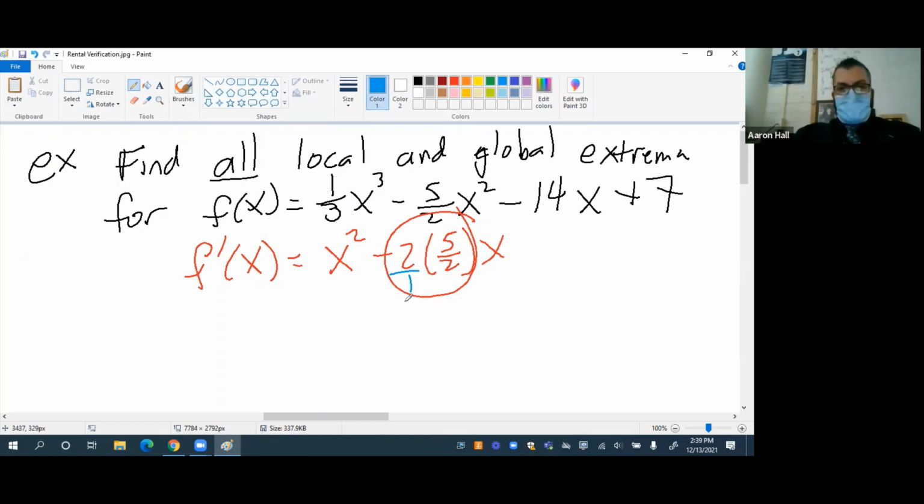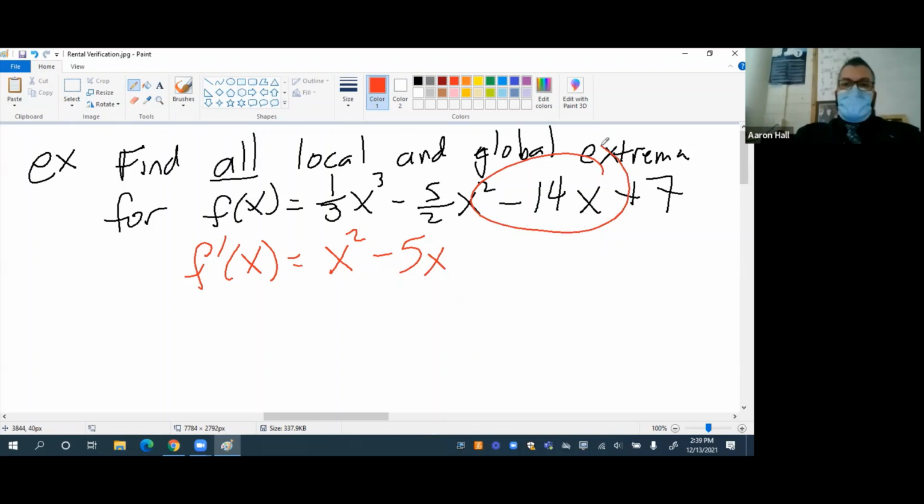So what does this become? -5, because 2 divided by 2 is just 1. Or you could multiply, which would give -10 over 2, which is still -5. So I'm going to cheat. All right, so I have -5x.